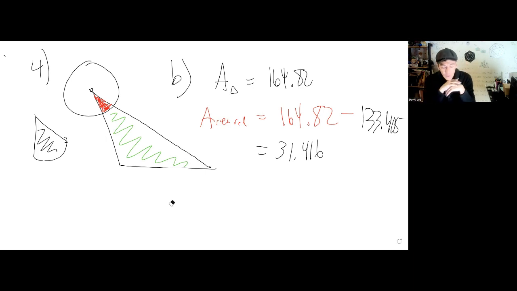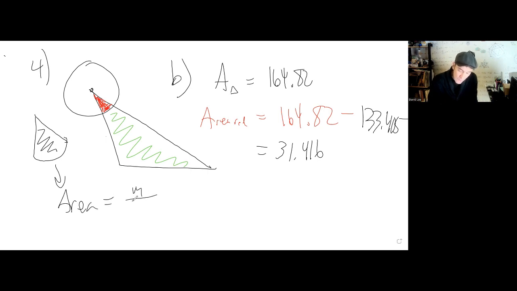So one technique for the area of this is m over 360 times pi r squared.